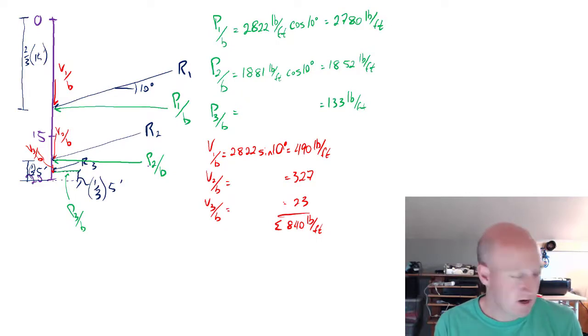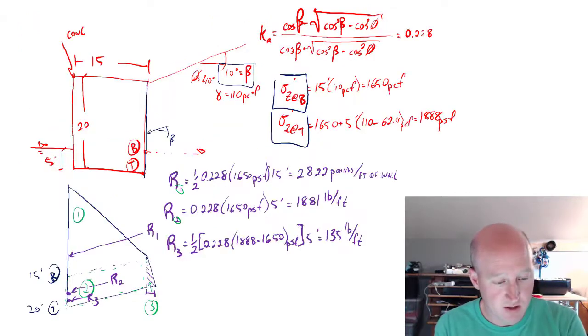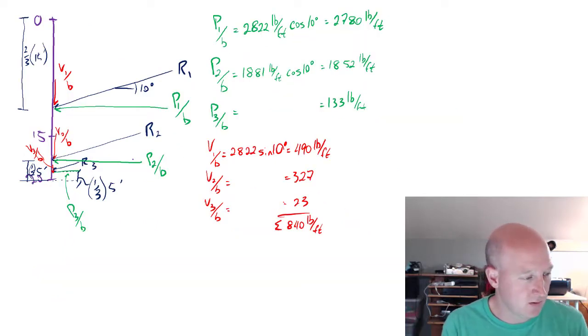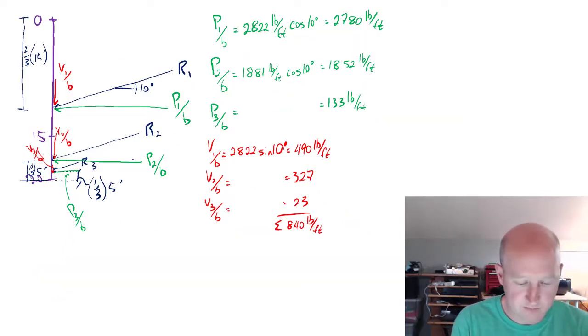We need to know the weight of the wall. So we've got a big chunk of concrete right here. We're going to calculate the weight of that using a unit weight of concrete of 150.